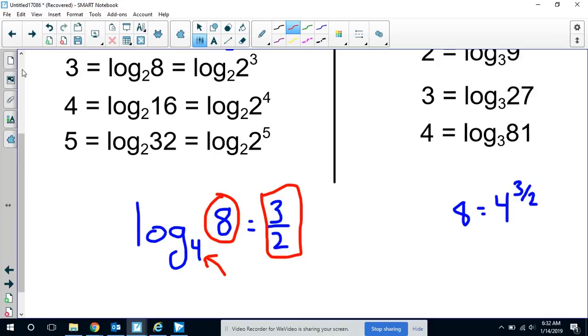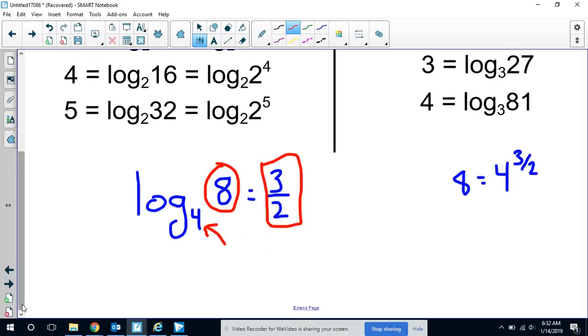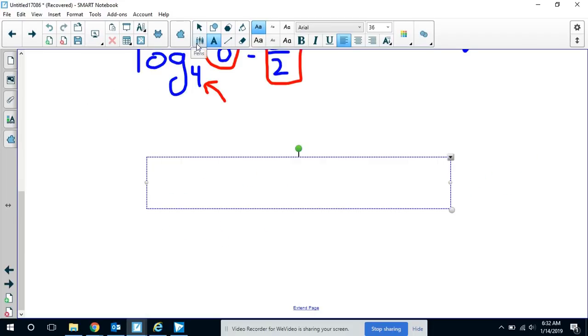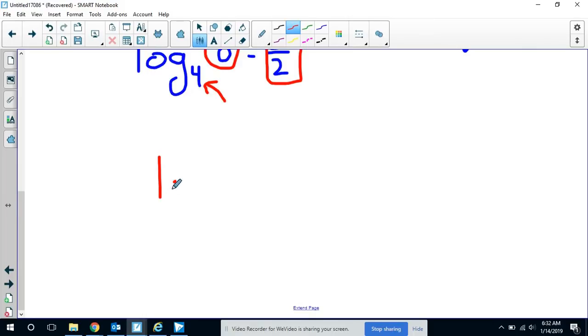So if I have log base 3 of 7, I can't do that because 7 cannot be written as 3 to some power in a nice way.